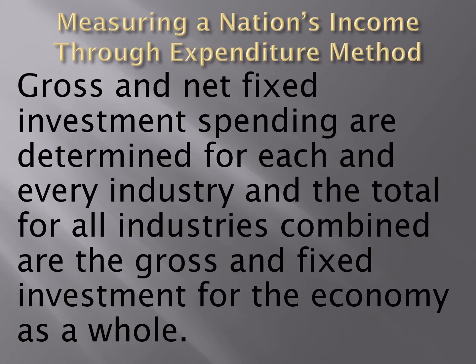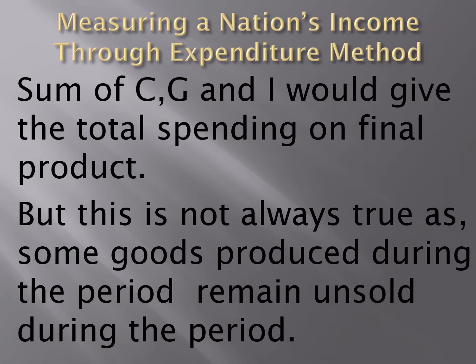Gross and net fixed investment spending are determined for each and every industry, and the total for all industries combined is the gross and net fixed investment for the economy as a whole. The sum of C, G and I would give the total spending on final product. But this is not always true, as some goods produced during this period remain unsold during the period.